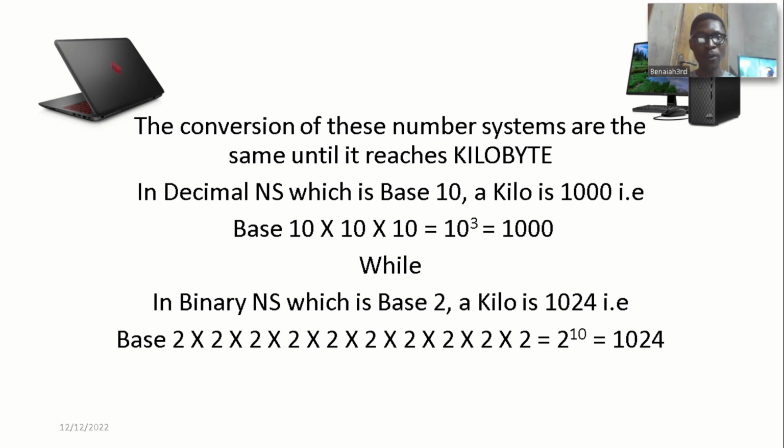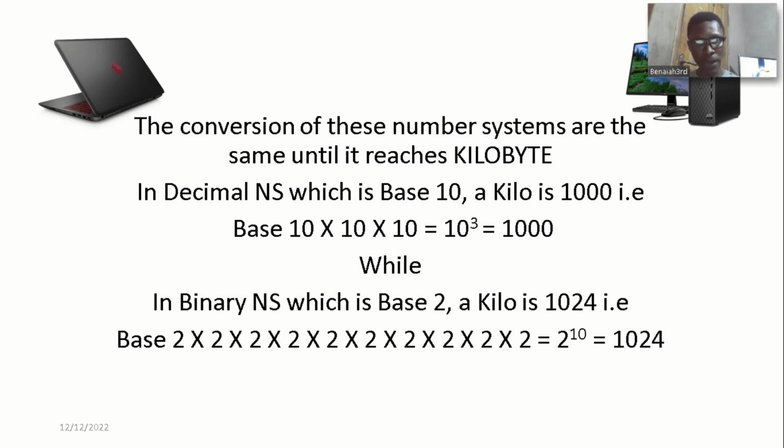You see, in decimal number system, which is base 10, you have to multiply your base, that is 10, by itself till you get 1000 if you want to get kilo, because we know a kilo is 1000. That's why if you multiply 10 by itself 3 times, you get 1000. So in decimal number system, a kilo is 1000. That is 10 raised to power 3.